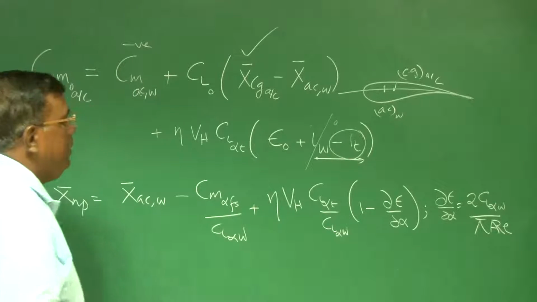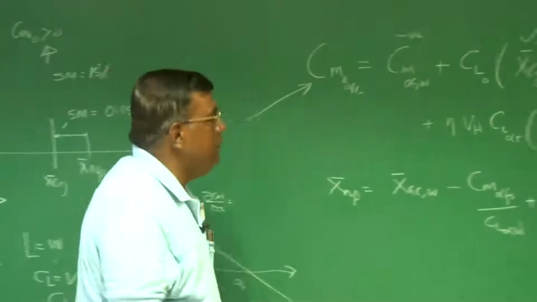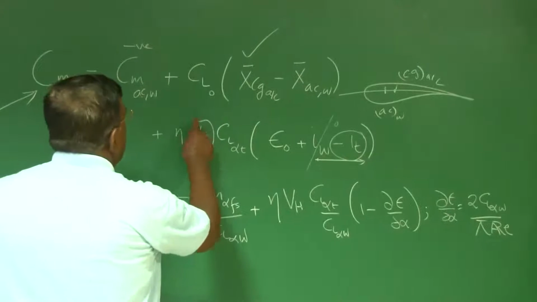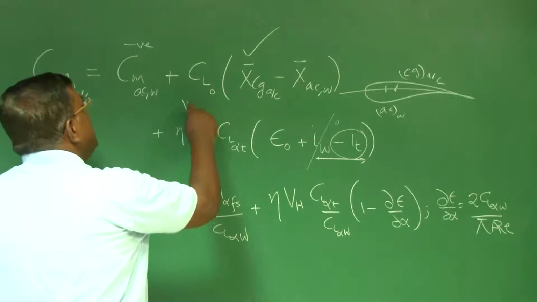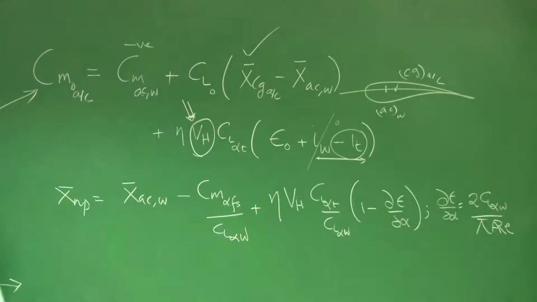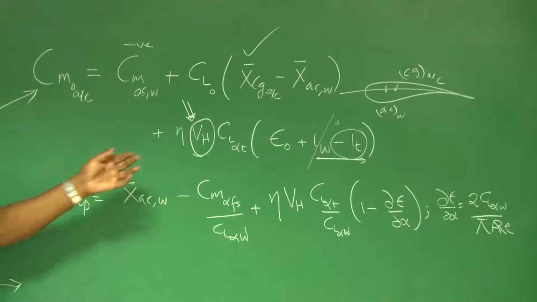But if you want to enhance its contribution, then VH, the tail volume ratio, will play an important role. And that is why a designer operates through tail volume. First question, he decides how much tail volume I should take.